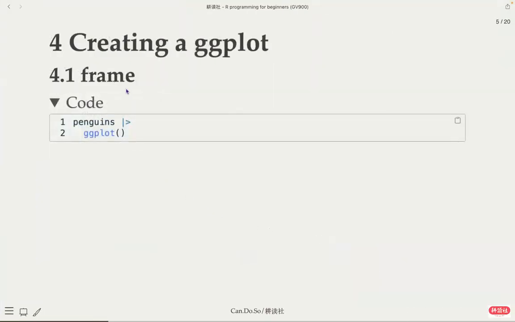The first code we are going to write creates a plot frame. As we have covered before, we use the data, and after the data we pipe to the ggplot function.